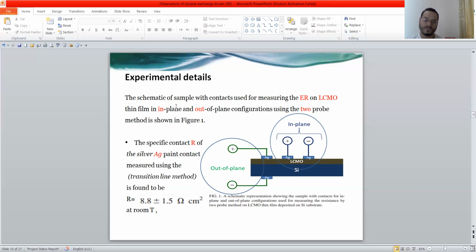The schematic of the sample with contacts used for measuring the electrical resistance on this thin film structure in in-plane and out-of-plane configurations using the two-probe method is shown in figure number 1, like I said before.